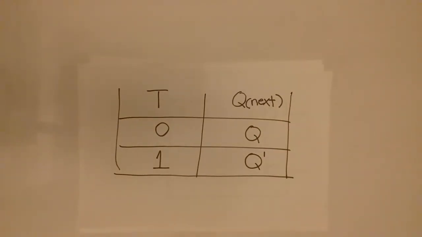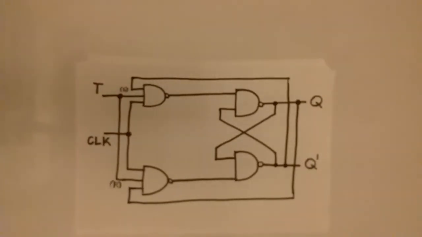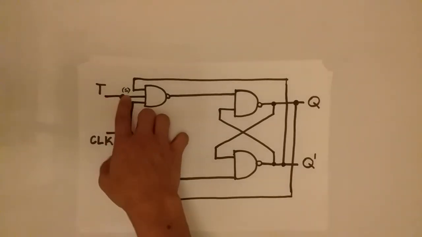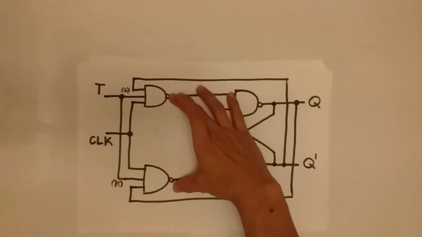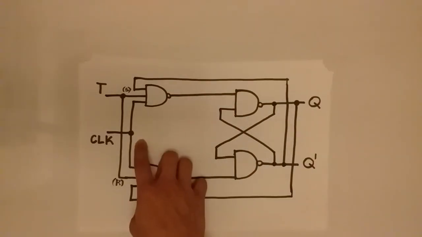Let's have our circuit of the T flip-flop using the NAND SR latch. We have our T here connected to both NAND gates and also a clock.